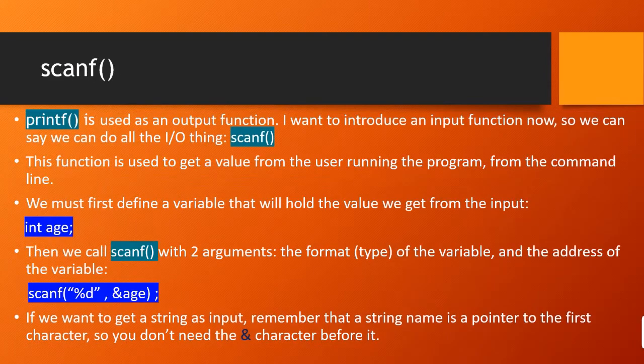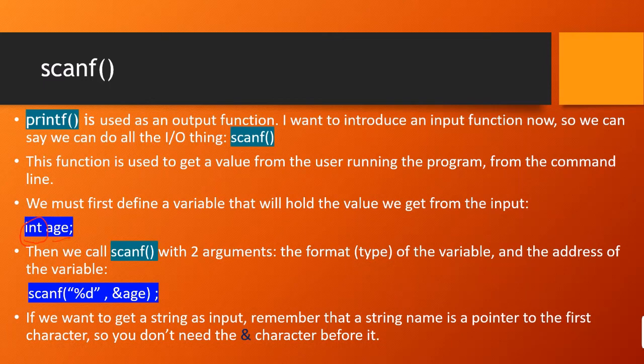Now we go to scanf. printf is an output function, while scanf is an input function. Its main objective is to get a value from the user running the program from the command line. We must first define a variable that will hold the value we get from the input, so we define the integer variable age.